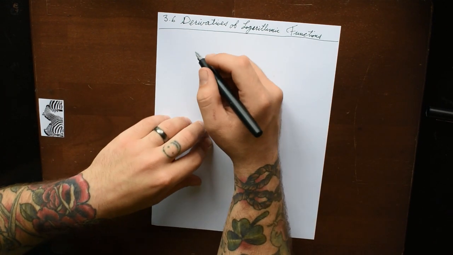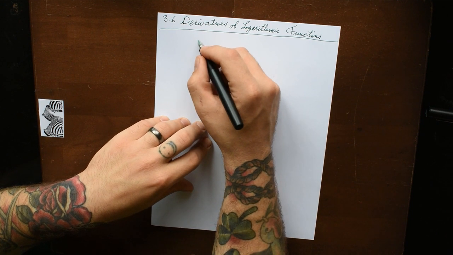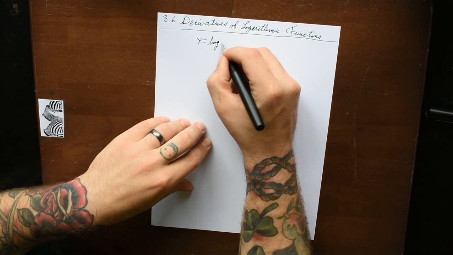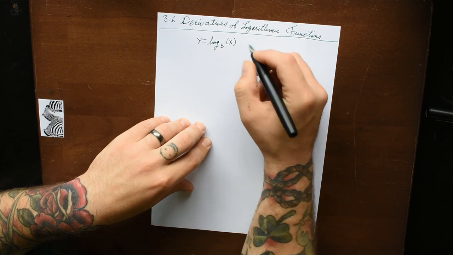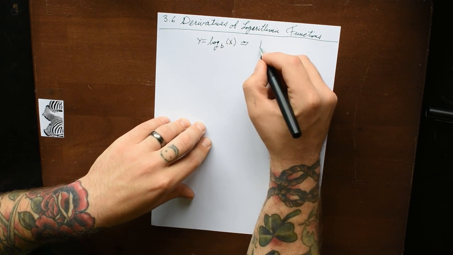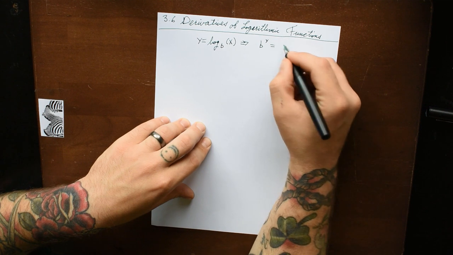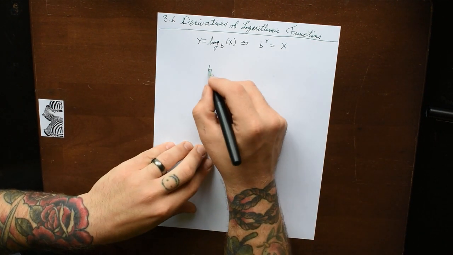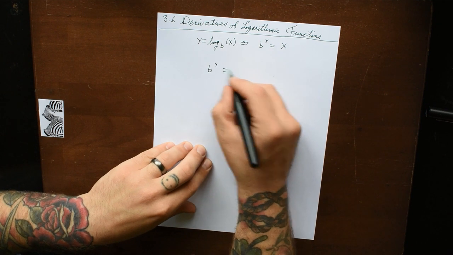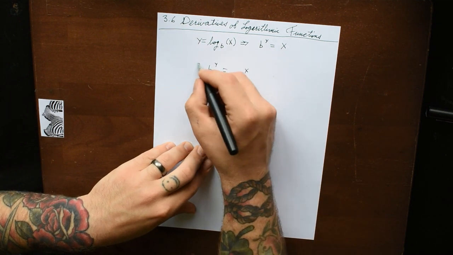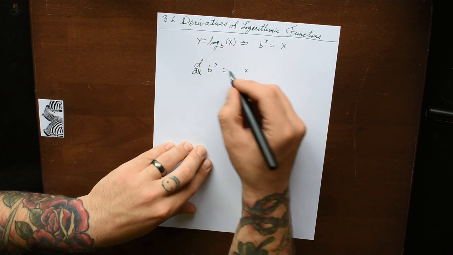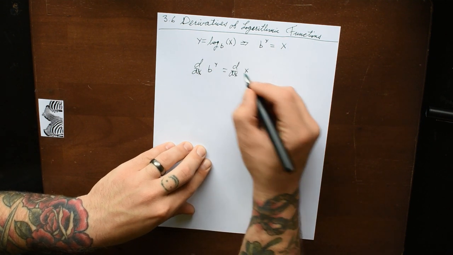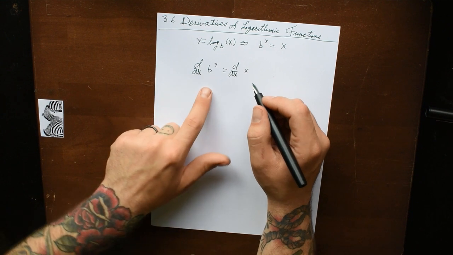So let's begin. If we have a logarithmic function, something of the form y equals log base b of x, what that means is that b to the y equals x. And if b to the y equals x, then the derivative with regards to x of b to the y has to equal the derivative with regards to x of x.